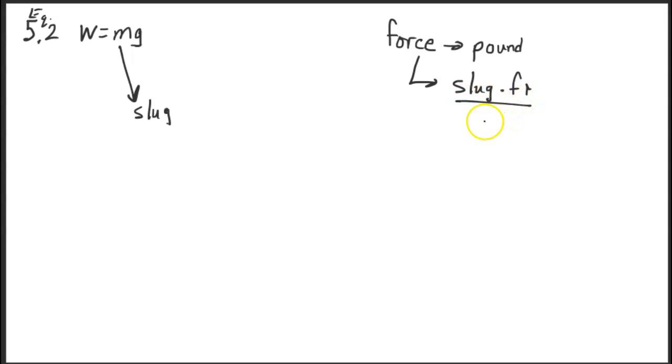Divided by time squared, seconds squared. And that is the pound. Okay? So, in the English system, when you are talking mass, you're talking slugs. When you're talking force, you're talking pounds.